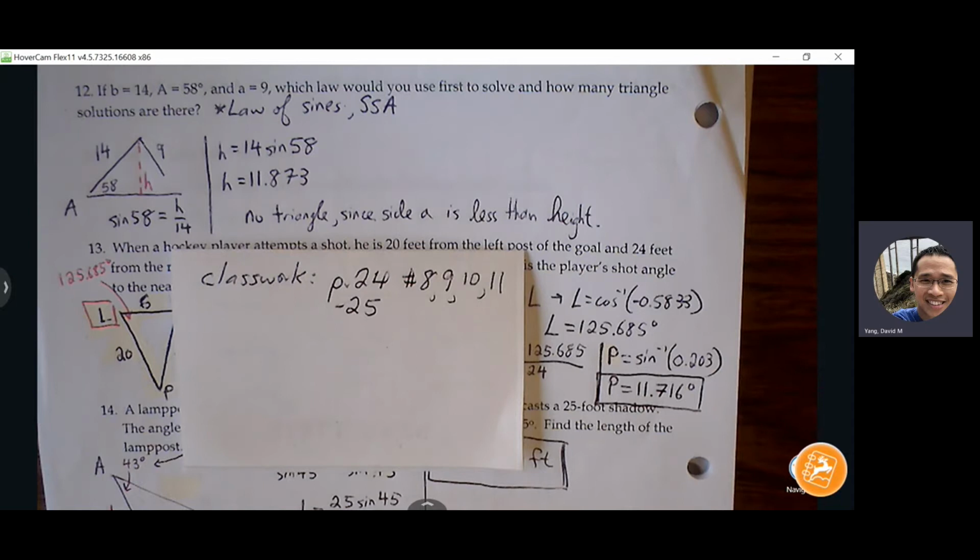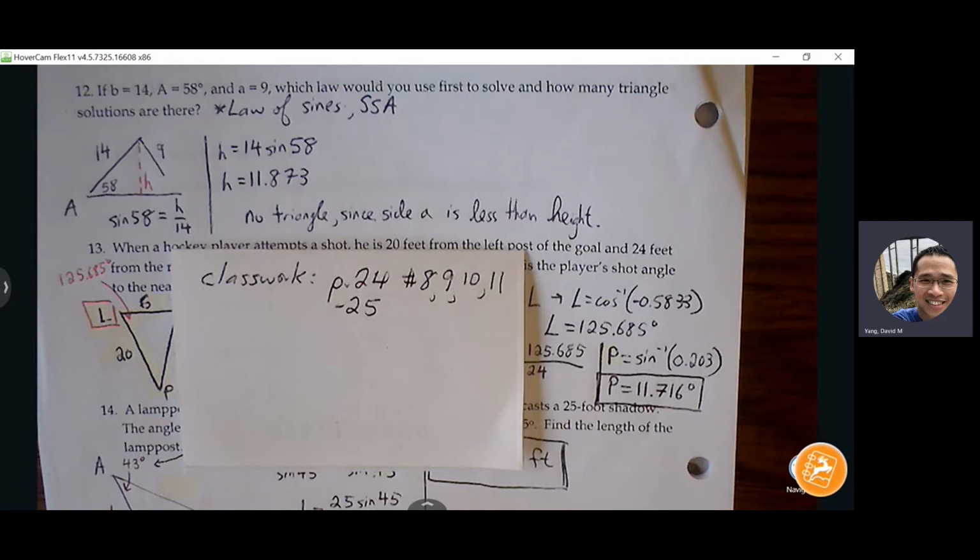Sine 58 equals h over 14. We solved for h, it is 11. That 9 is too short. It's never going to find a way to connect to the opposite side, so no triangle. Okay. Any questions?